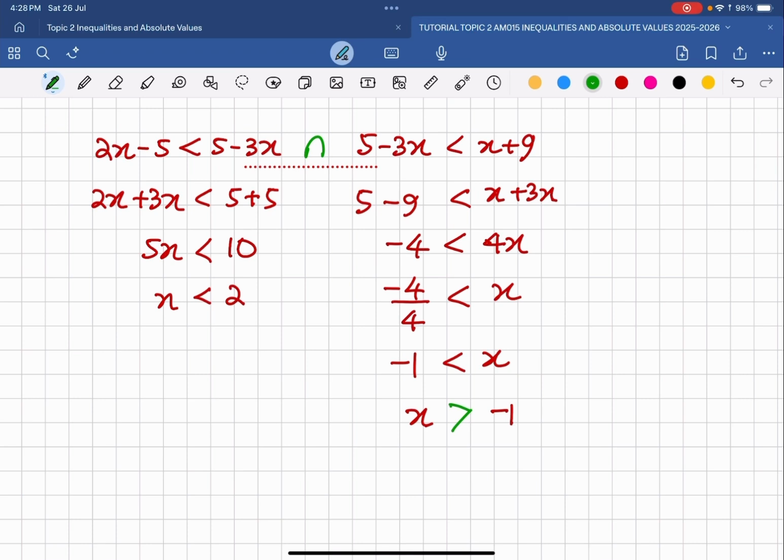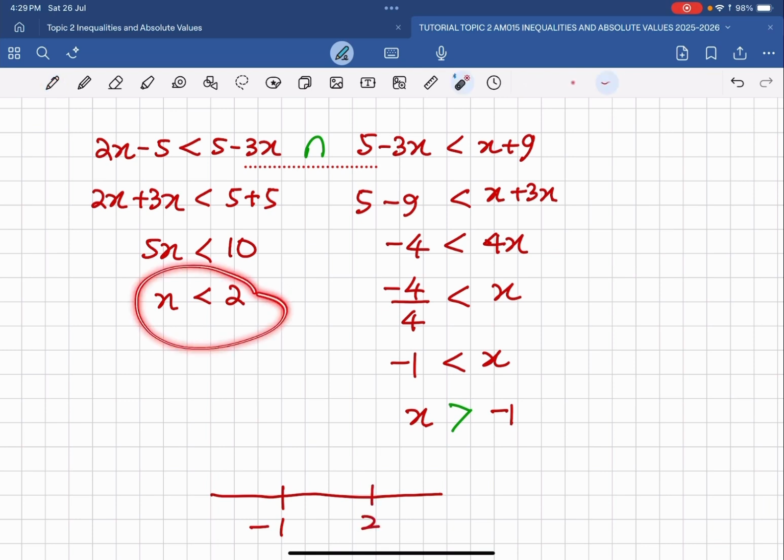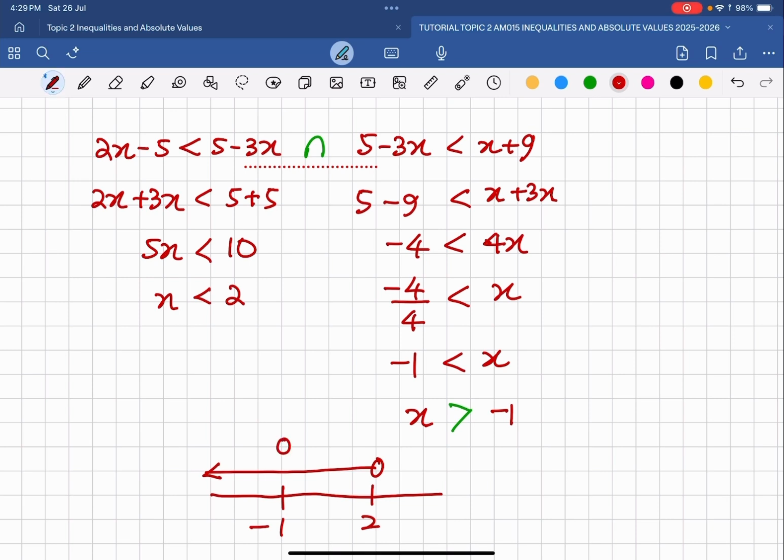Do remember, once we do a number line, smaller number will be on the left and larger number will be on the right. Now just follow the symbol where x less than 2 means on top of 2 is open circle and a left side arrow, and on top of negative 1 is also open circle but right hand side arrow.